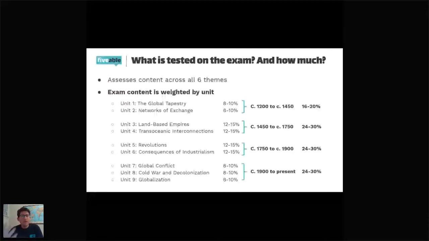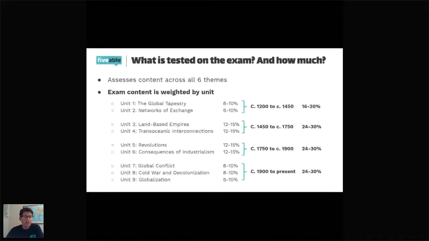So moving on, Unit 5, Revolution, and Unit 6, Industrialization. Those are captured from 1750 to 1900, or what we used to call period 5, for any teachers who are perhaps adjusting to these new courses. And that makes up, again, 24 to 30% of the exam.